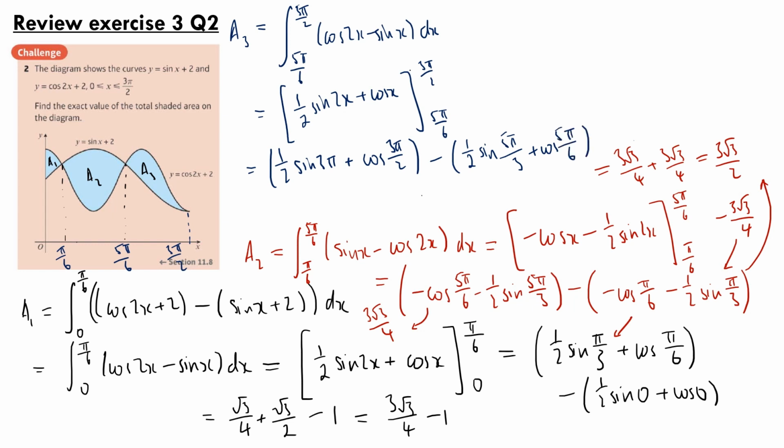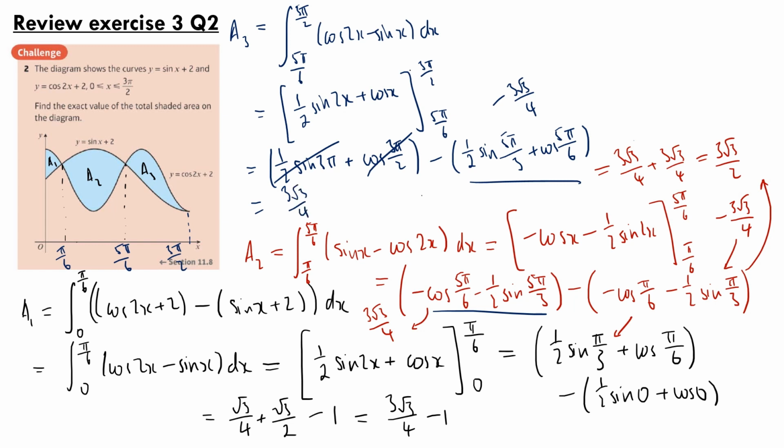And once again, we can see this bracket here, and we know this bracket was equal to 3 root 3 over 4. So here, this will equal 3 root 3 over 4, but negated. And we know that sine of 3 pi is equal to 0, so this term cancels out. And cos of 3 pi over 2 is also 0. So we're just left with our 3 root 3 over 4.